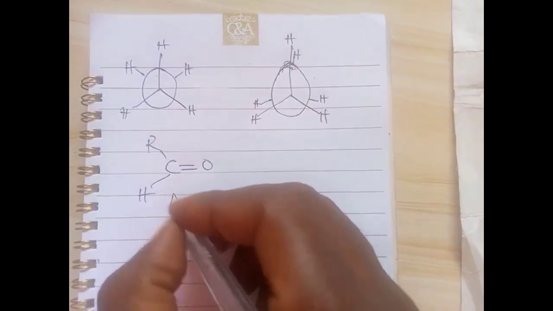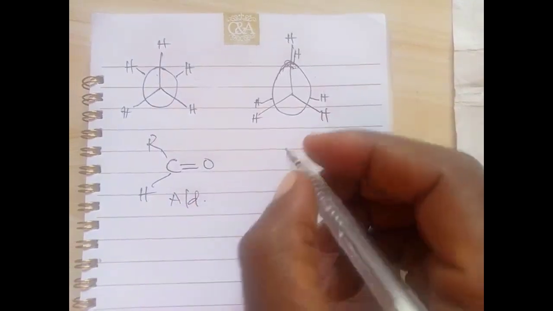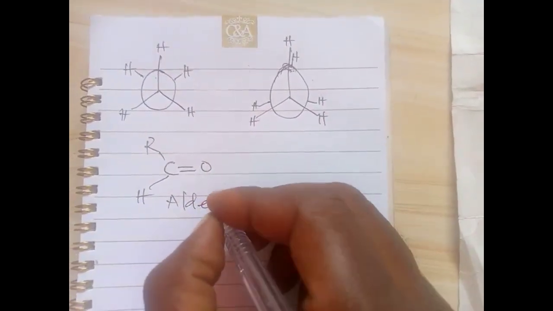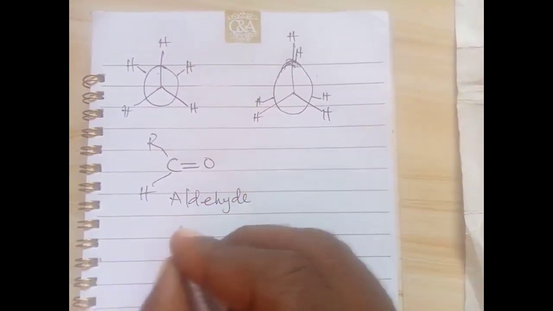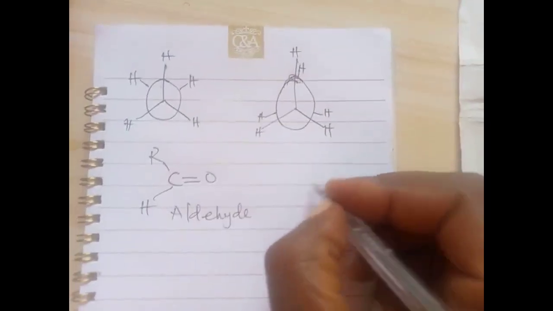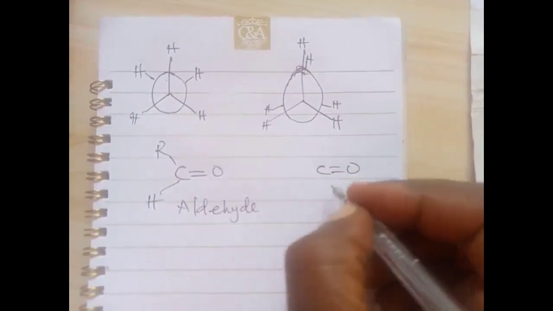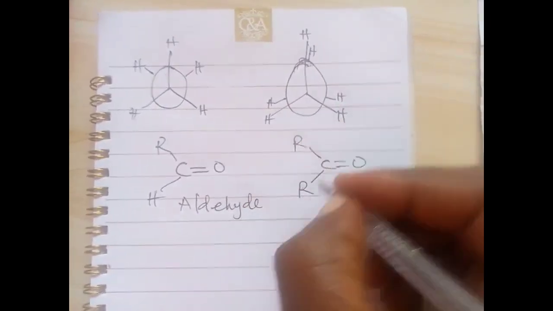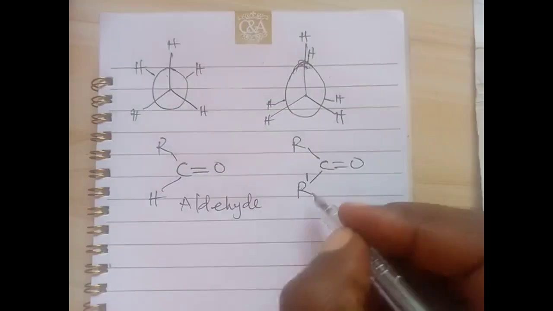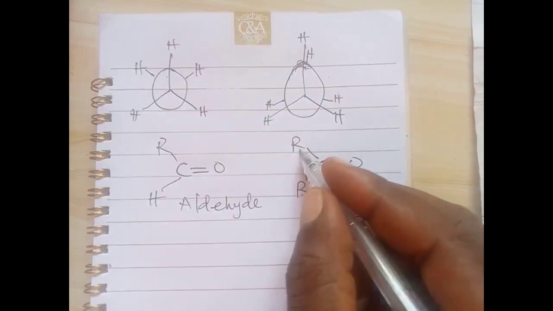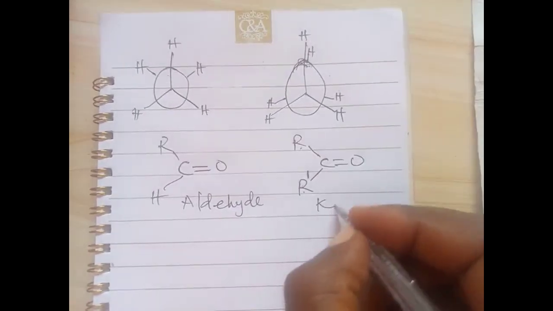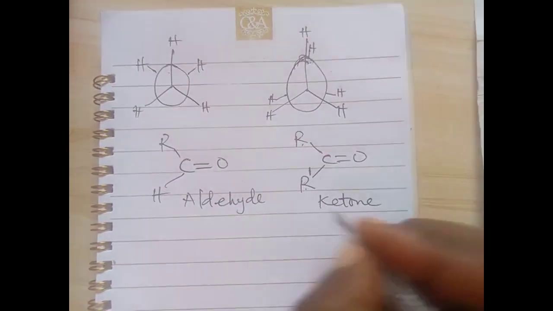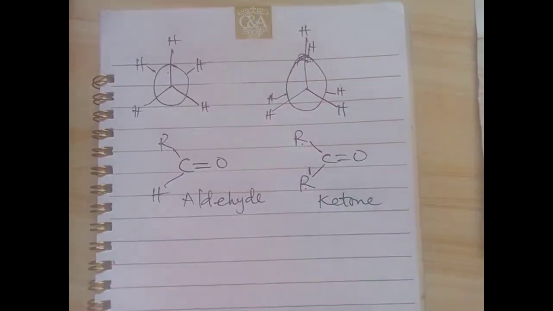Let me write it in full. This is aldehyde. While for ketone, its carbonyl carbon carries no hydrogen. An alkyl group here is different from here. So this is ketone. So these are the structural differences between both of them.